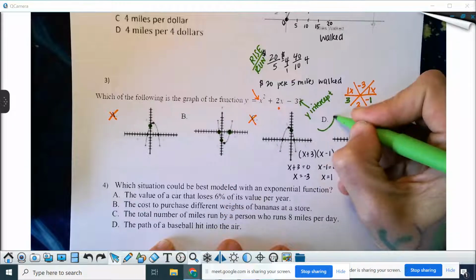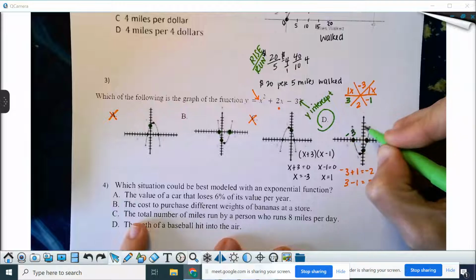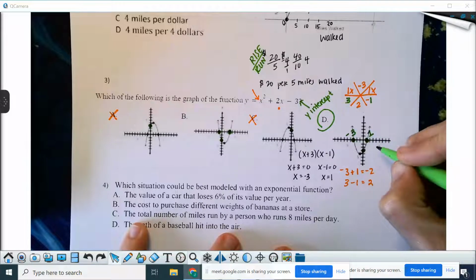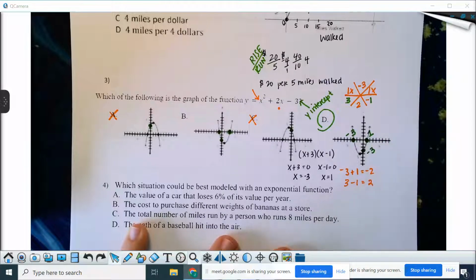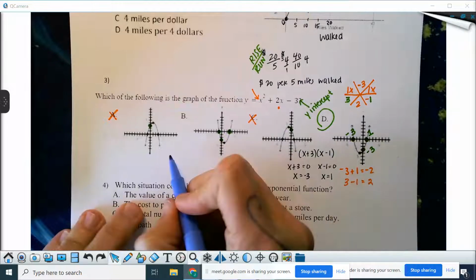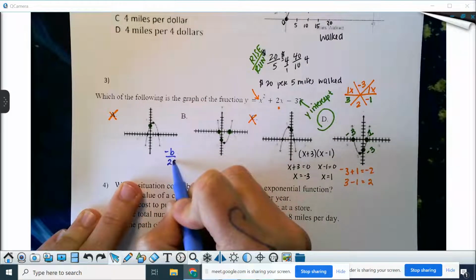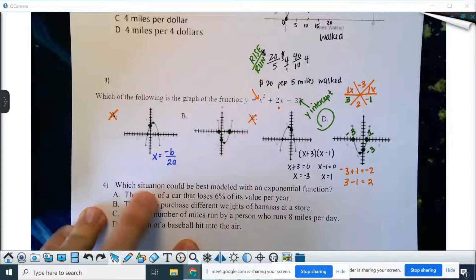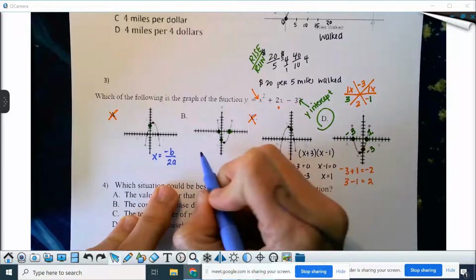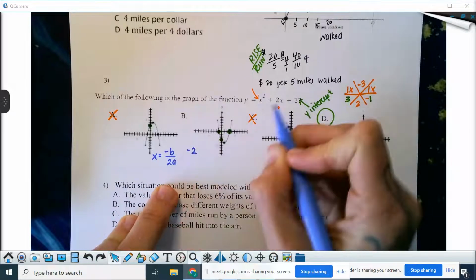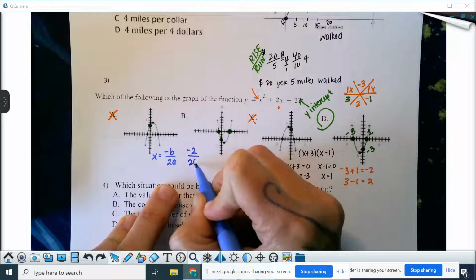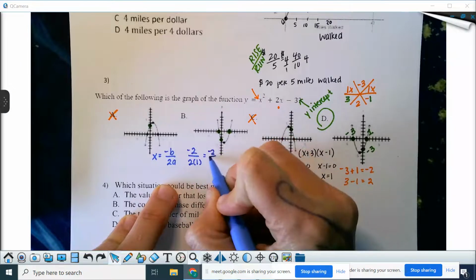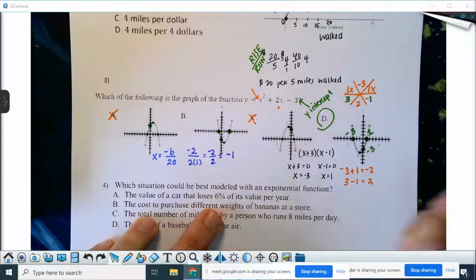So our answer should be D, because we need that negative 3, positive 1, and then our negative 3 down here. You could also maybe have chosen to do your vertex. Just the x value alone would have helped us solve. So negative b over 2a, that's the x value of your vertex or your axis of symmetry, which would be negative 2. So opposite of our b, 2 times 1, which is a negative 2 over 2, which is a negative 1.